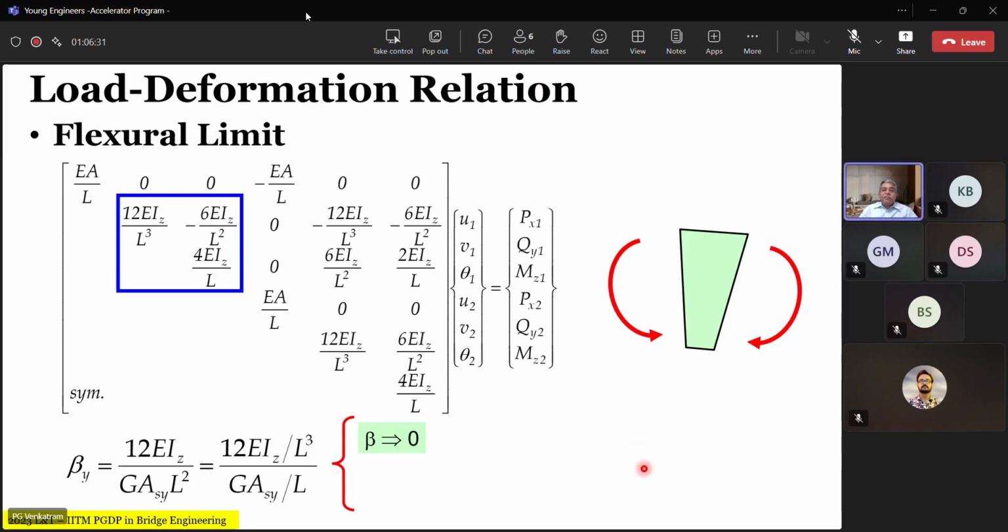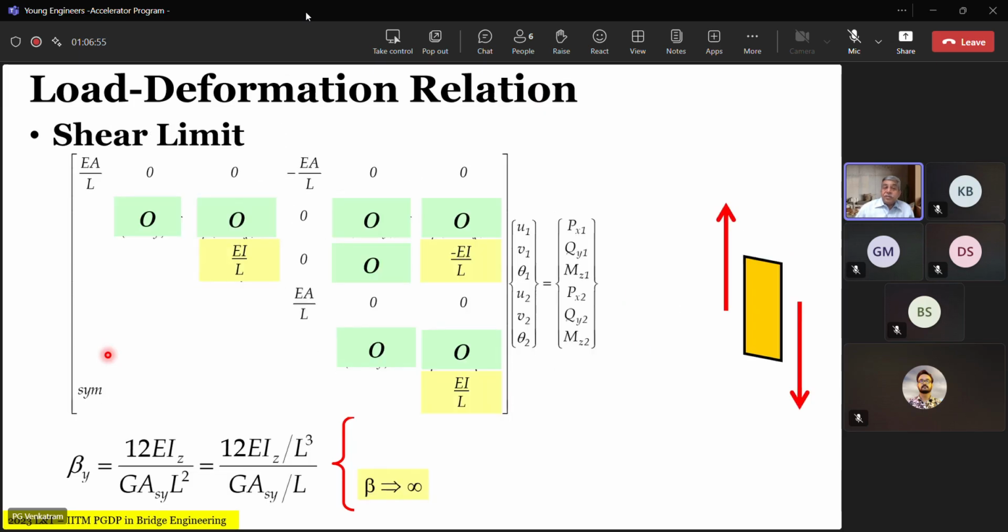When beta tends to 0, we have the flexural deformation governing all of the criteria, shear not governing, and we go back to our classical 6x6 matrix, which we know so very well. But on the other hand, let us say the other way around, where the shear deformation starts governing, that is beta tends towards infinity, then this stiffness matrix gets to this shape.